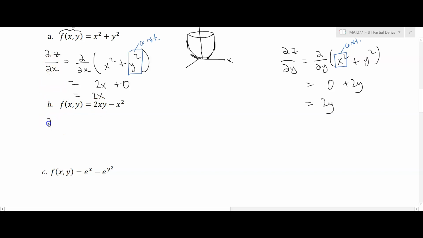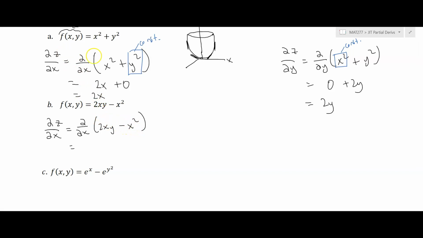So now we want to find for this new function dz dx. So what are we going to do? Well, we're going to take the derivative with respect to x of 2xy minus x squared. Now things get more interesting here because we see that both terms involve an x. But first of all, we know that taking the derivative of terms means you take the derivative of the first and you take the derivative of the second.